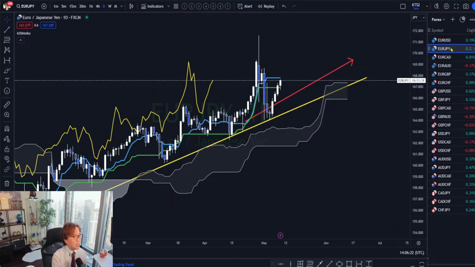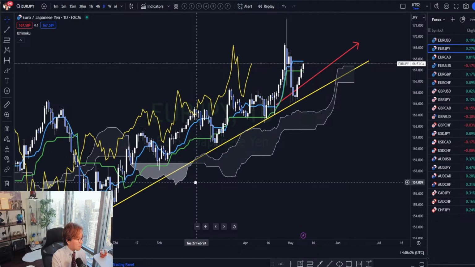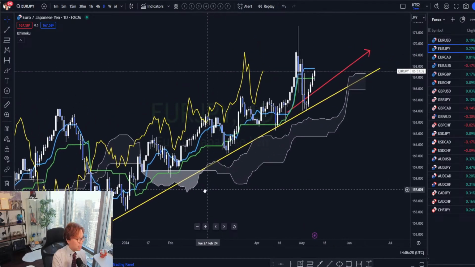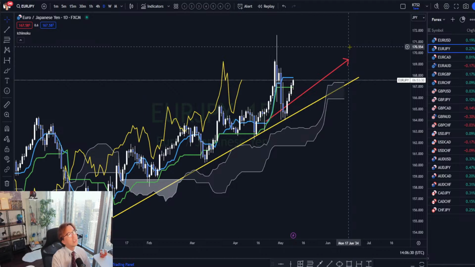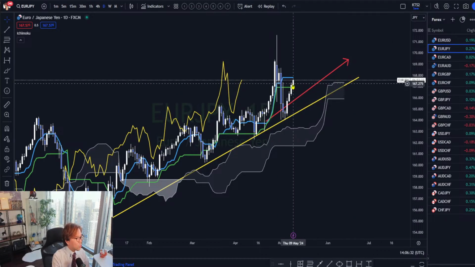Let's see. EURJPY looks good as one of the examples because it has been supported by the trend line and it's bullish. So you want to know when the potential next swing high is, and when the price retraces to the trend line next. So that's about the time cycles.